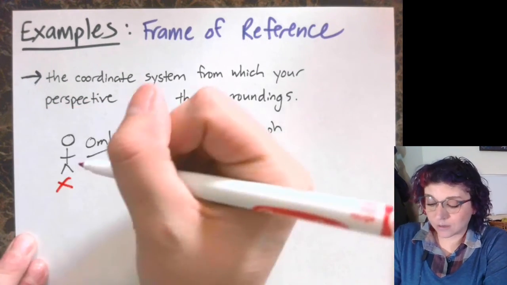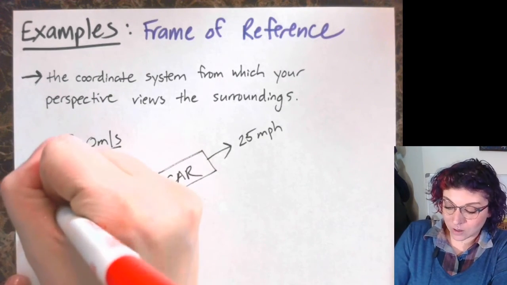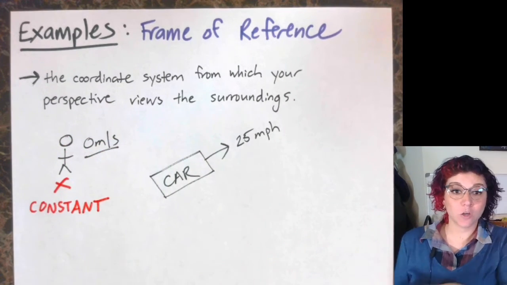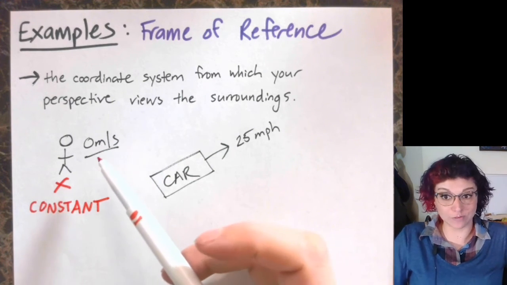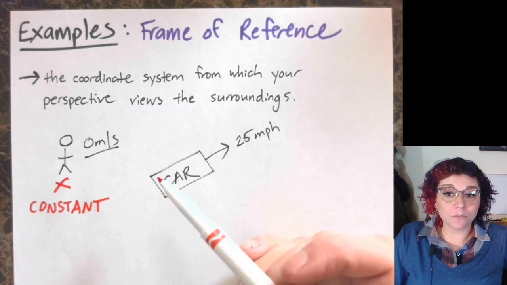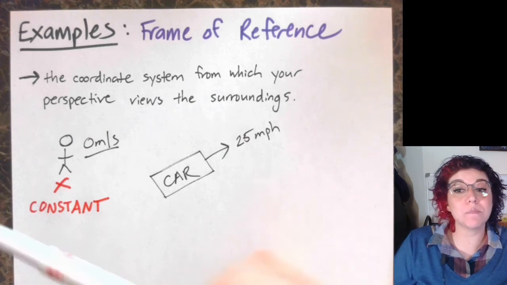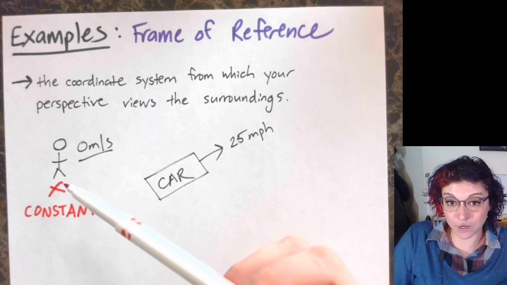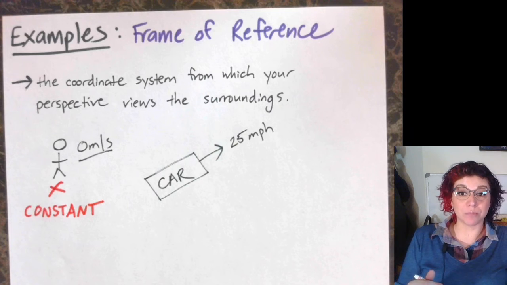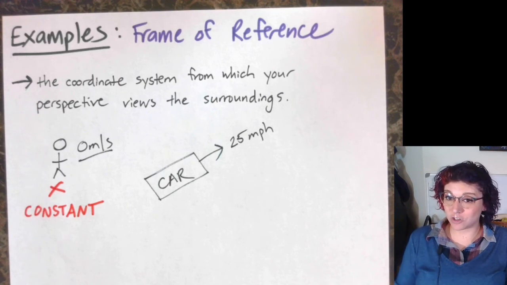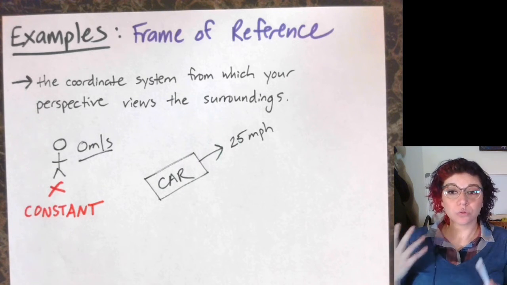Where you are standing is stationary and constant, right? You're there. This is where you are viewing the world from, and you are not moving. You are viewing that car as it's going 25 miles per hour compared to your 0 miles per hour. How we set our frame of reference is very important because it can change how we analyze a situation in physics. So let's go through some more examples.